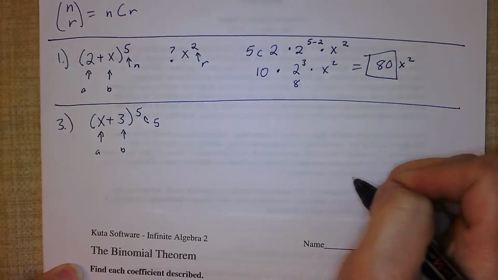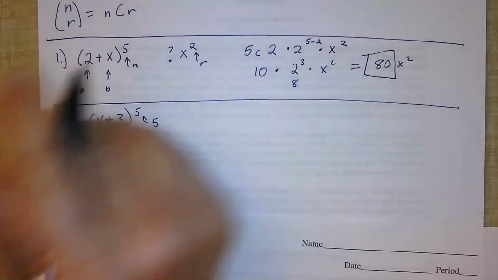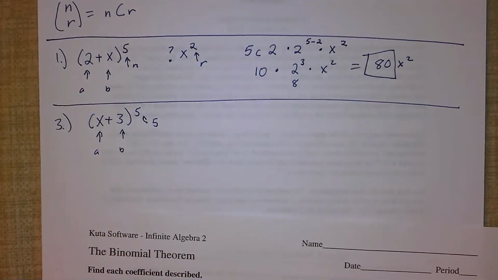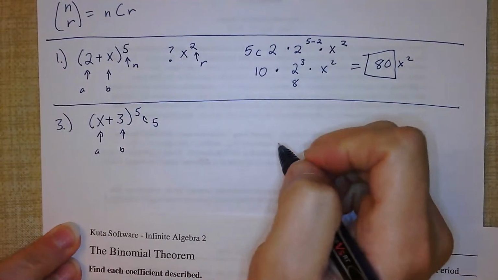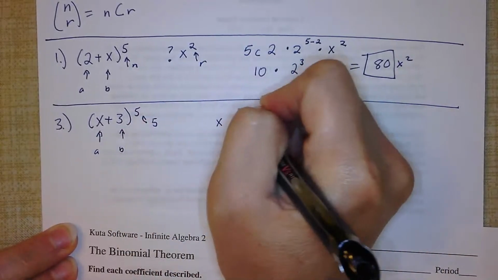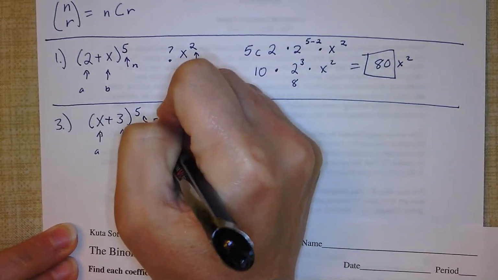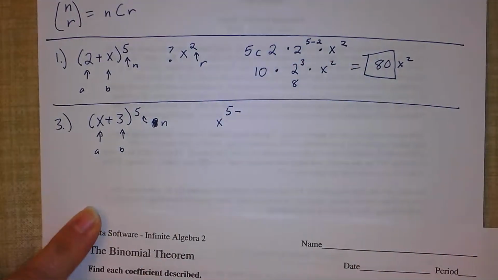And I'm looking for the coefficient of x. Because a is x, I know that I'm going to have to do x raised to the n, which is 5. I don't know why I wrote 5, that was kind of dumb. It's 5 minus r, and it needs to be x to the first.